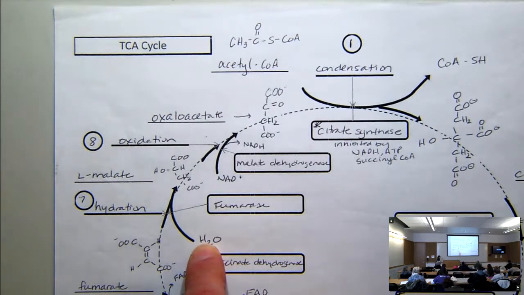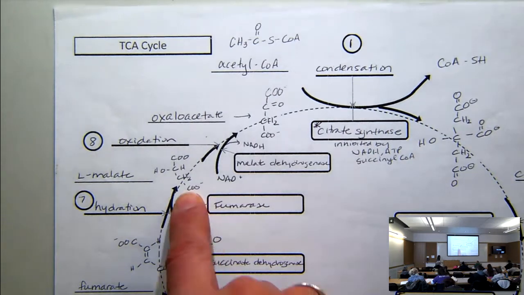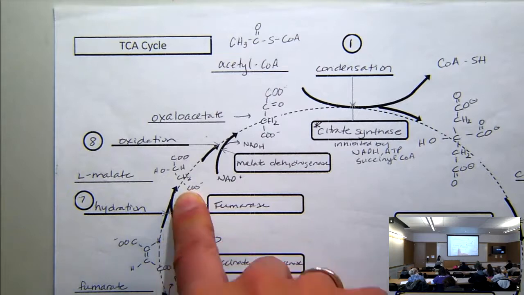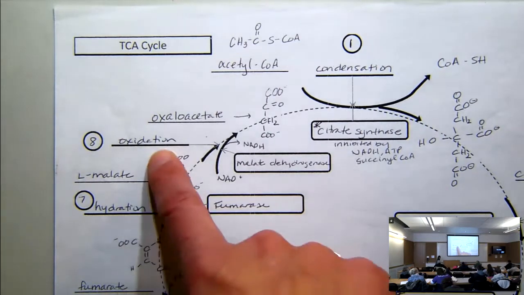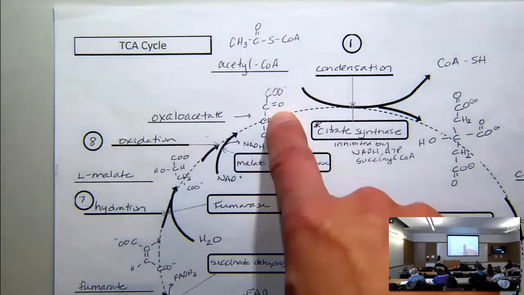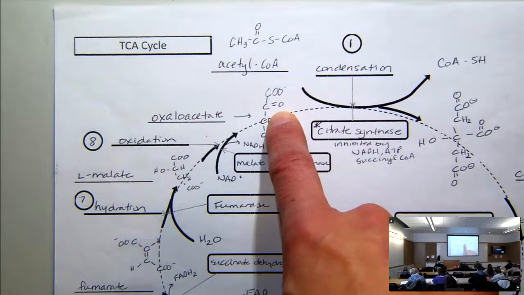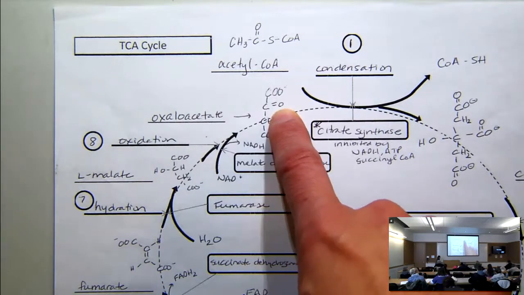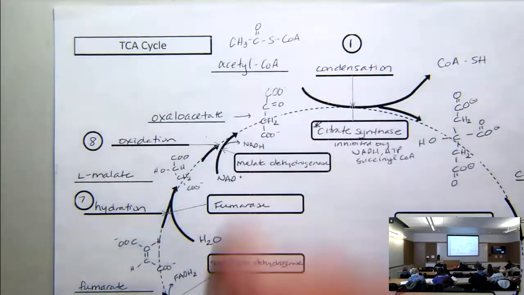And I know I didn't give you guys very much room to write the molecule down. I tried my best. That's malate. And we're going to have an oxidation to oxidize this OH here to oxaloacetate. And then it will be ready to react with another acetyl-CoA.